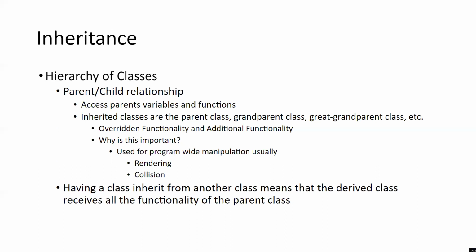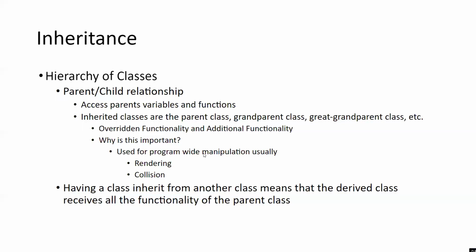And then each class that inherits from that will have access to all of that functionality, all those variables, all those functions, but then they'll be able to implement their own version of some of those functions if they wanted to, through overriding. So you can inherit classes way down if you wanted to, so on and so forth. Great-grandparent classes if you wanted to make it that way. It's totally doable. So pretty cool stuff with inheritance.